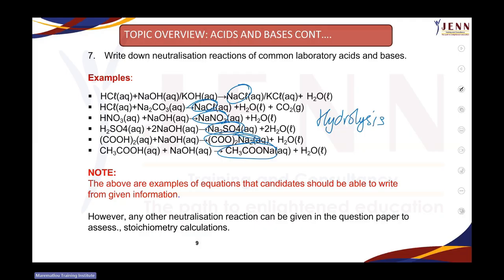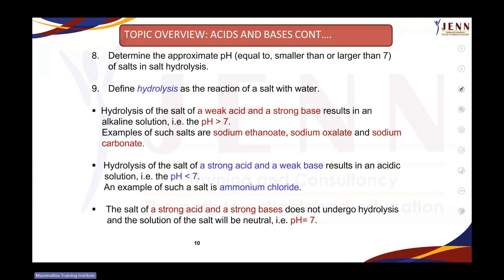Now, okay. Then we move on. It says calculate pH. We must be able to approximate pH. I'm going to tell you how to approximate it. This comes from reactions when choosing an indicator.